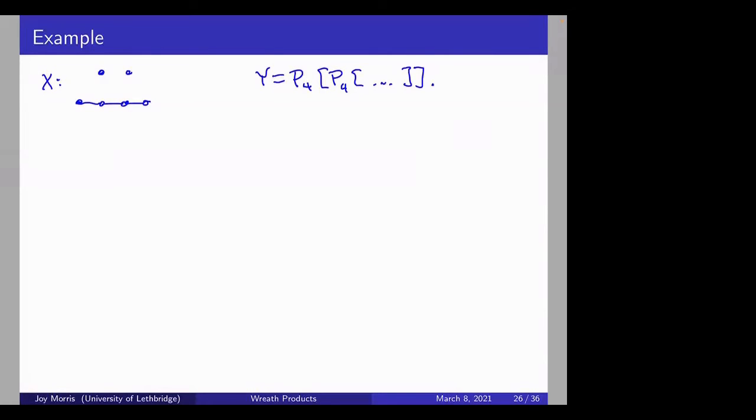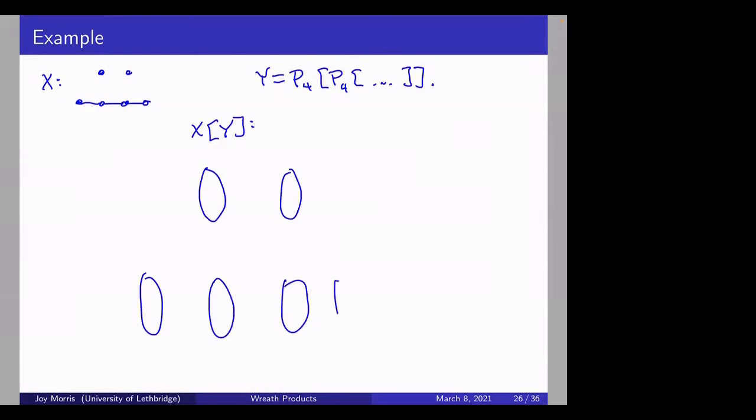So if I take the lexicographic product of X with Y, then I'm going to get these two isolated vertices and this path of length 4. And inside each of these, I have a copy of Y again.